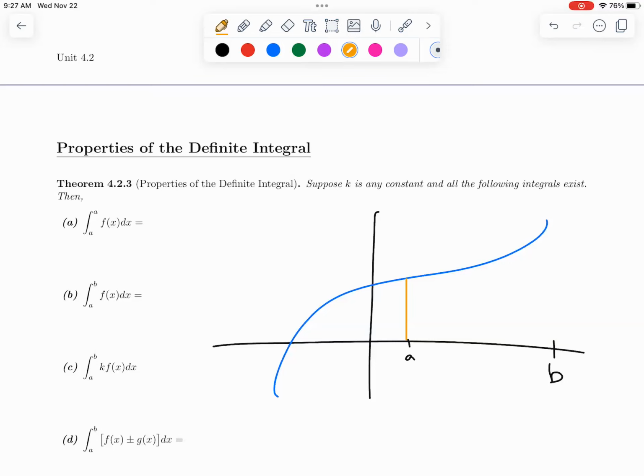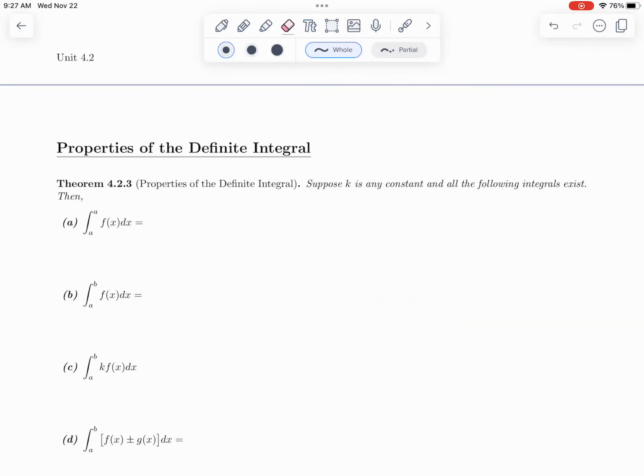A line is a one-dimensional object. It doesn't have area. So the integral from a to a is exactly 0. If you have the same number for the upper and lower bounds, then there's no width at all, so you have no rectangles.